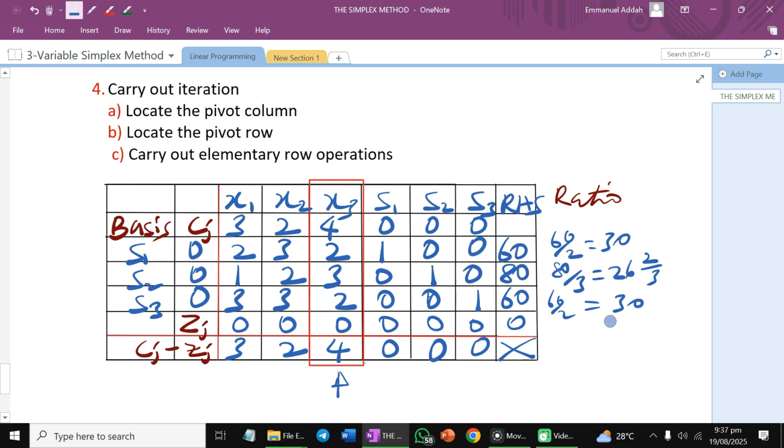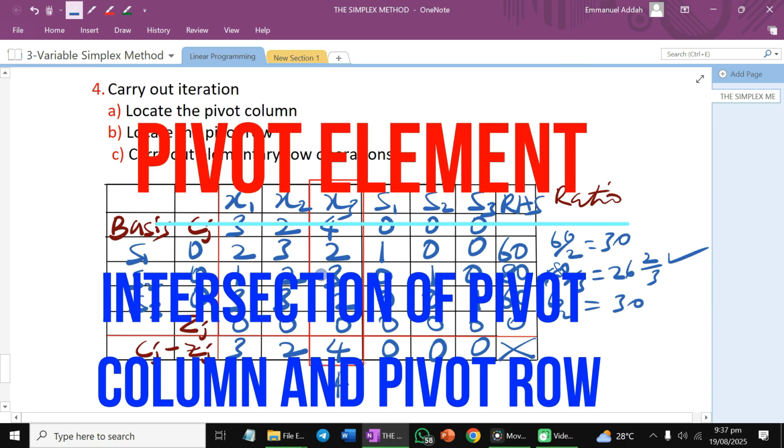Among the 3 values here, which is the least? You take the least value to be the pivot row. And that is this, isn't it? So this is our pivot row. Then, the intersection of the pivot row and the pivot column is the pivot element.